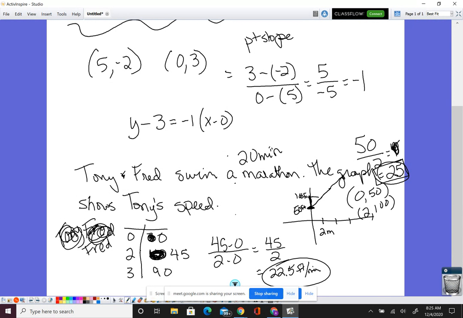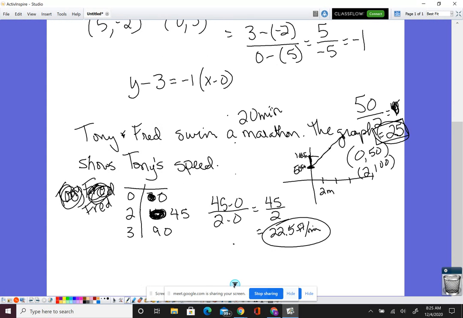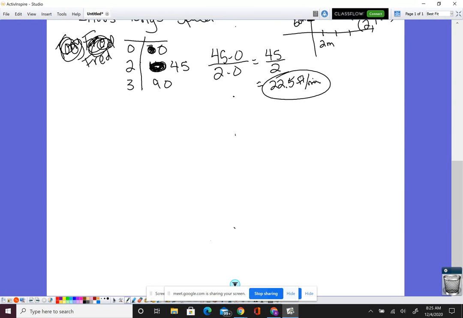The other type of story problem would be: a charter bus travels 210 miles in 3.5 hours.